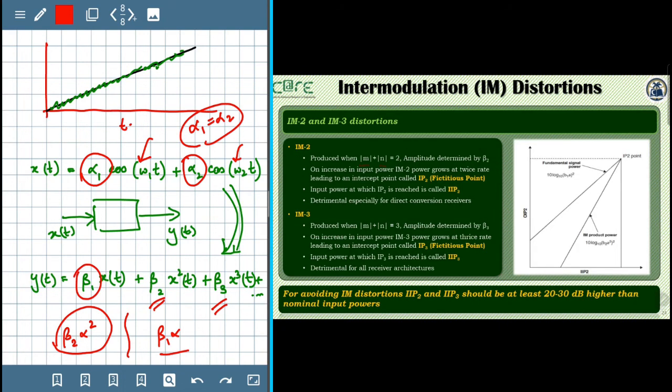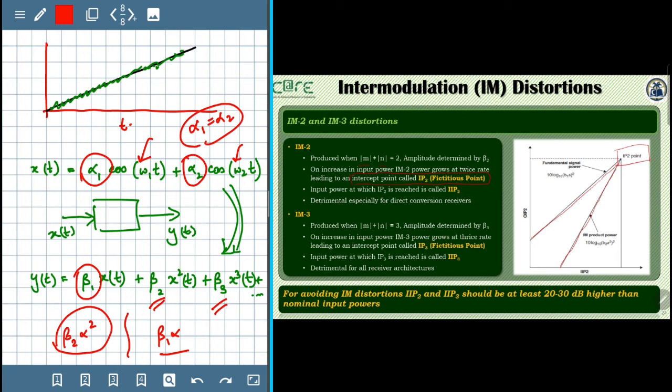This is reflected here in this graph of input versus output. The fundamental power is reflected in this line, which increases at a certain pace. The second order intermodulation distortion is plotted with this line, and as can be seen, it is increasing at twice the rate of the fundamental input power. We can imagine that the two will intersect at a certain point, which is referred to as the intercept point IP2.